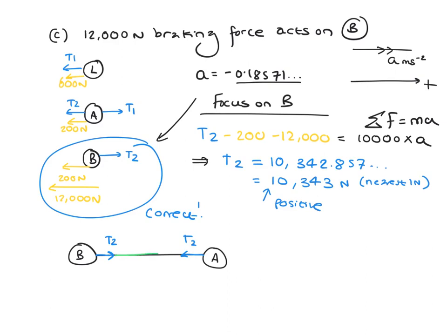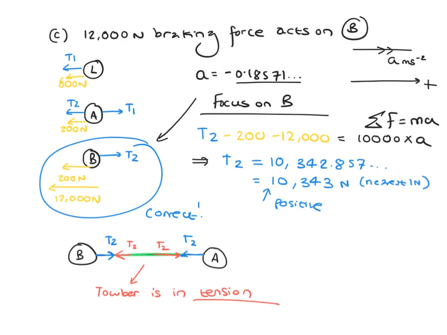But if we look at the forces acting in the tow bar rather than the forces on the particle, then there must be an equal and opposite force in the tow bar like that to balance this T2, and an equal and opposite tow bar tension like that as well, which means that if you think about the tow bar, look at the T2 forces, the red forces, they are pulling apart. In the previous question, they were pushing in. So that tells us that the tow bar is in tension in this example.